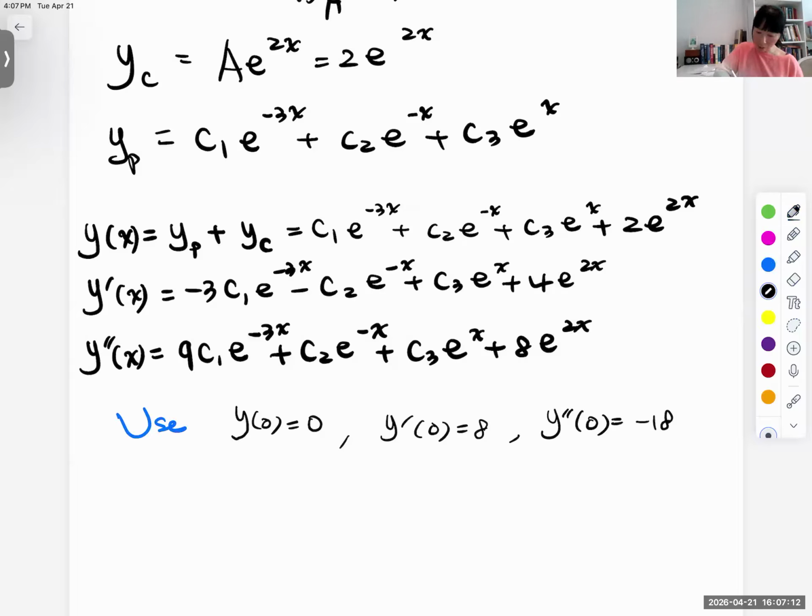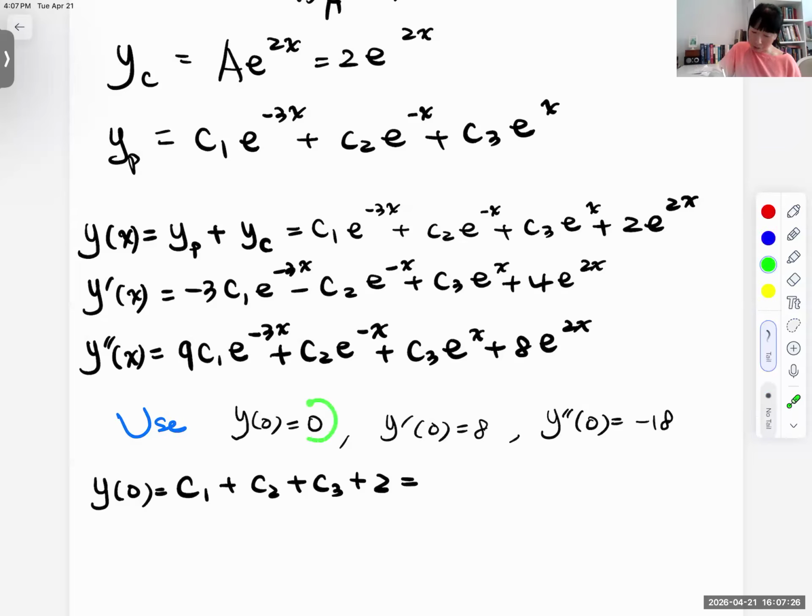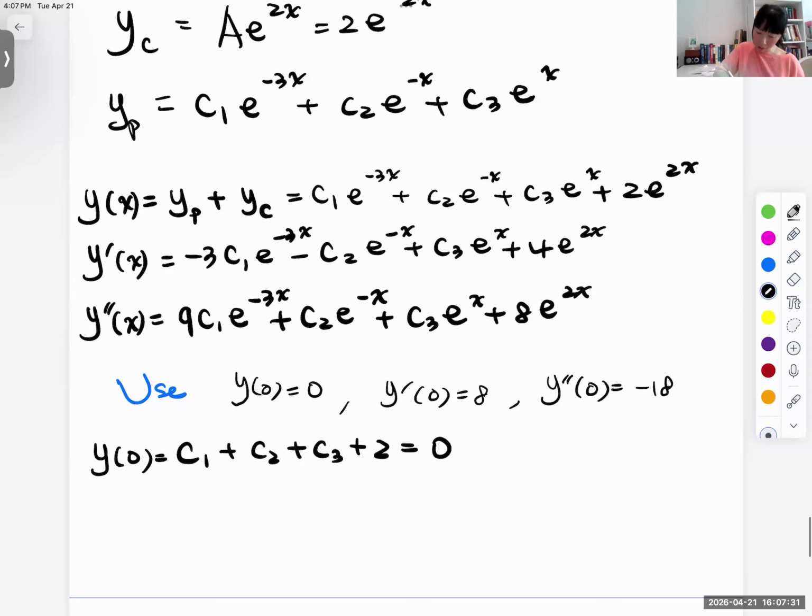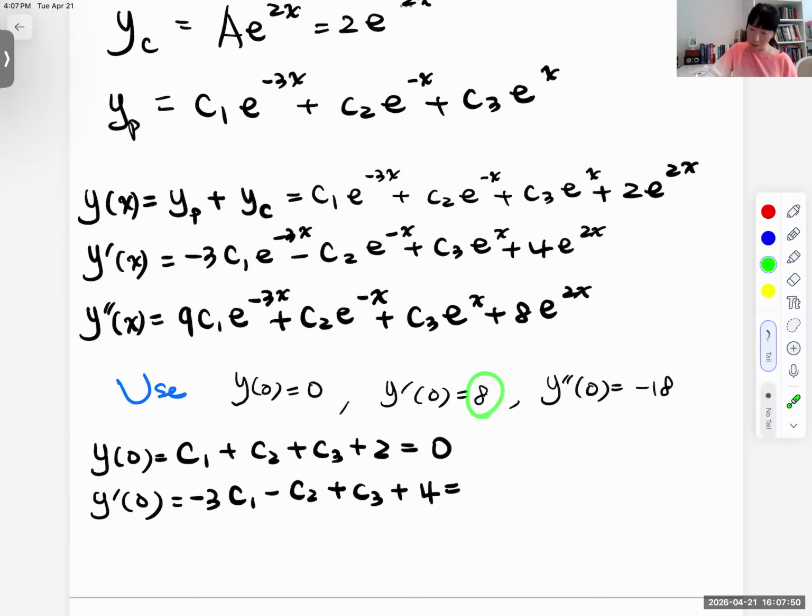Okay, so looking at y of 0, c sub 1 plus c sub 2 plus c sub 3 plus 2 equal to 0. And y prime of 0, looking at this equation, we have negative 3 c sub 1 minus c sub 2 plus c sub 3 plus 4 equal to positive 8.